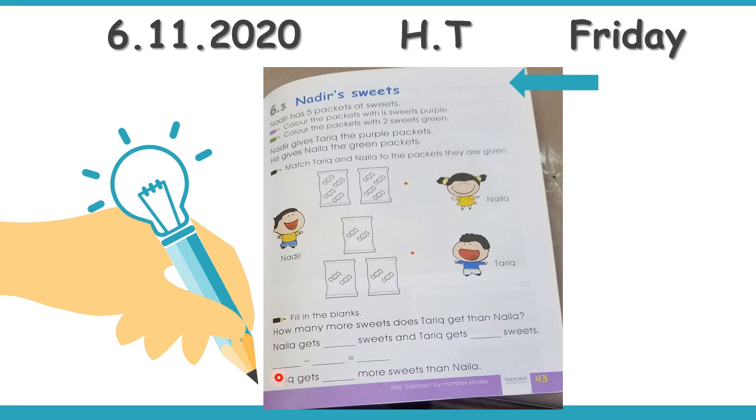So come down, there are blanks, you need to fill them. In the first blank you will write 8 because 8 is a bigger number than 6. 8 minus 6 is equal to dash. You can make lines over here, 8 lines, and then you need to cut 6 lines.